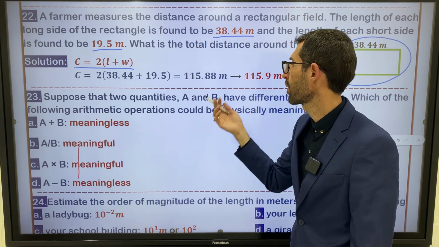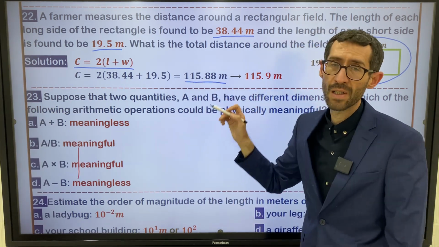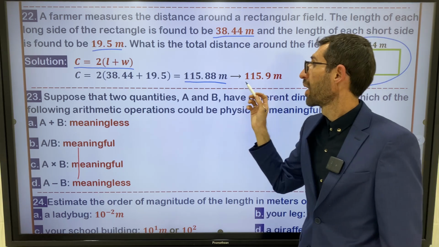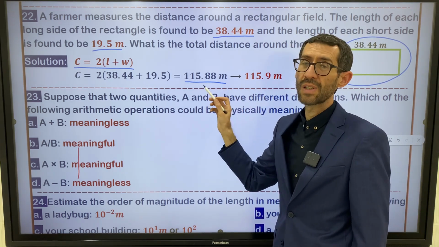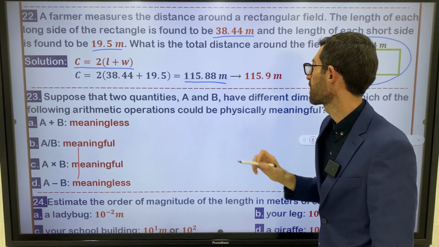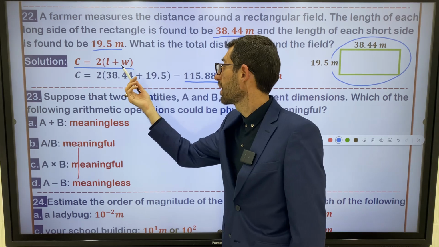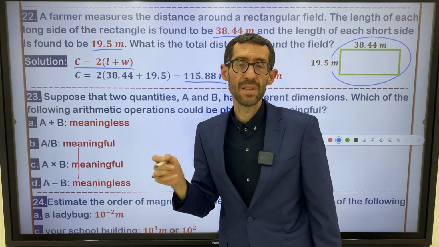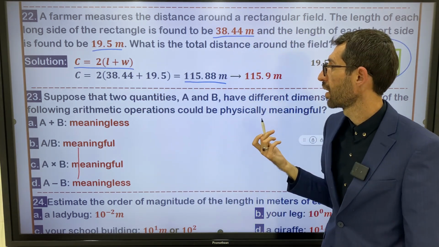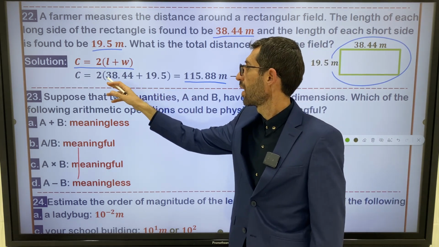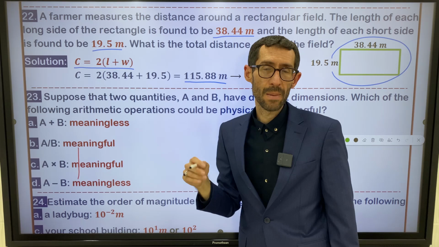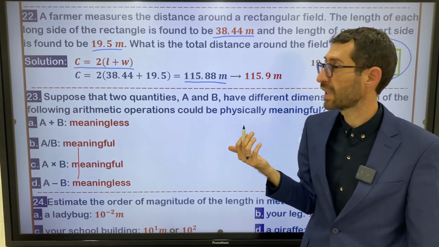Let's find the circumference. This is the circumference, 115.88 meters, right? So here we have an operation. What's the operation here? We have addition.